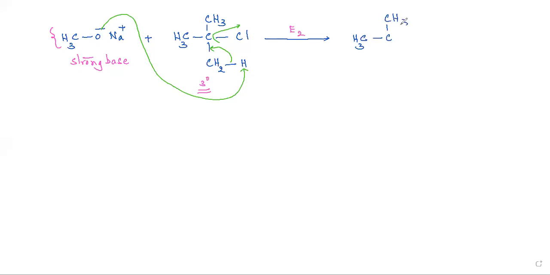Look at this. Isobutylene, elimination product. So this is very interesting. If the alkyl halide is something hindered, then obviously elimination occurs rather than substitution, what we normally see in Williamson's.